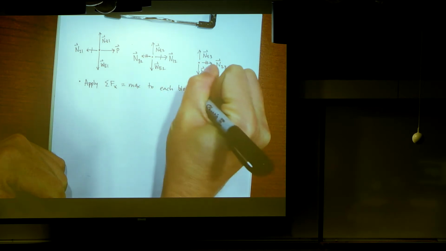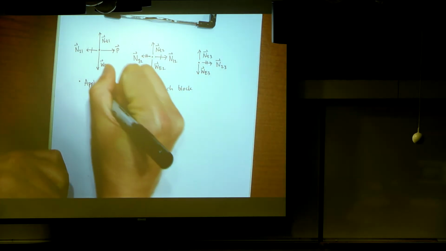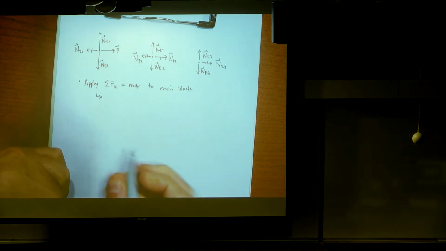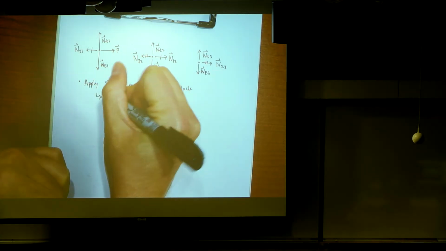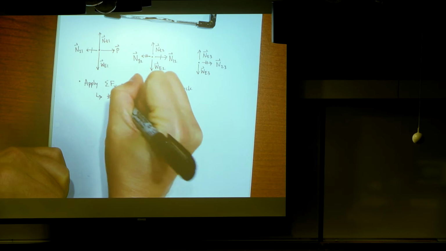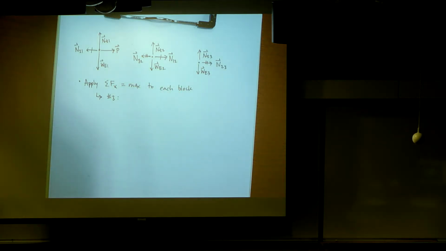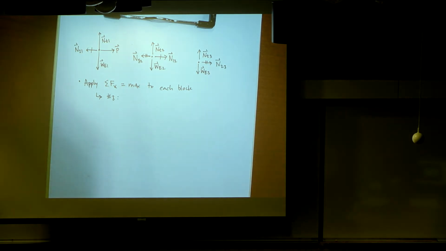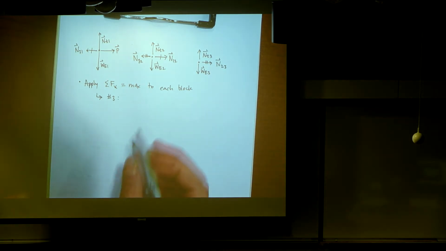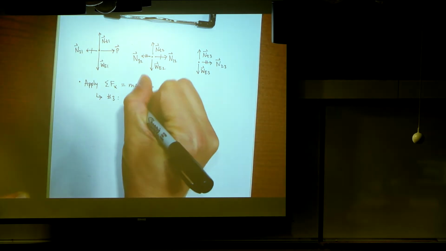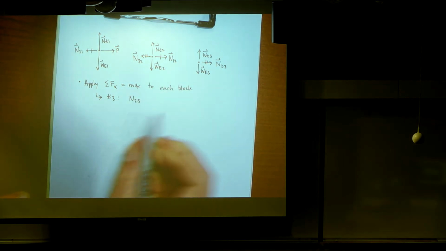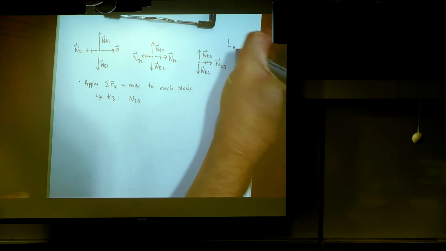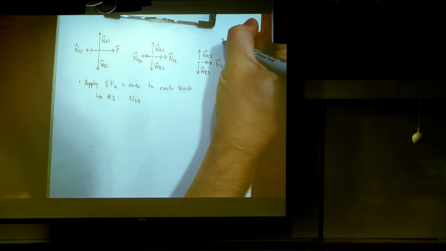Okay, so when we do this, let's say starting with block number 1. Actually, let's do it in reverse order. Let's do it with number 3 first. Let's do block number 3. Okay? So if I take the sum of the forces in the x direction, here's what I'm going to have. Just one force, which I'm calling N23, going in the positive direction if we use this as our coordinate system.